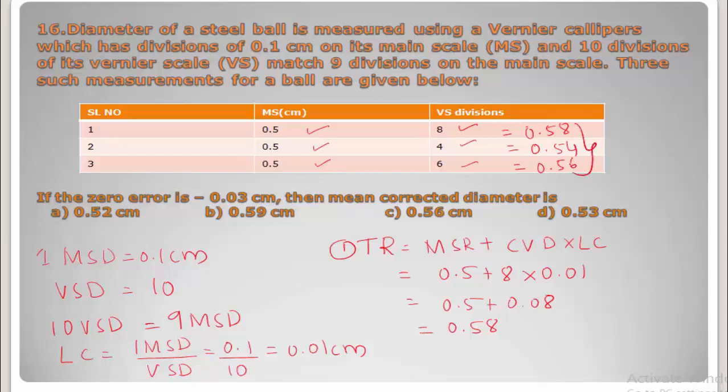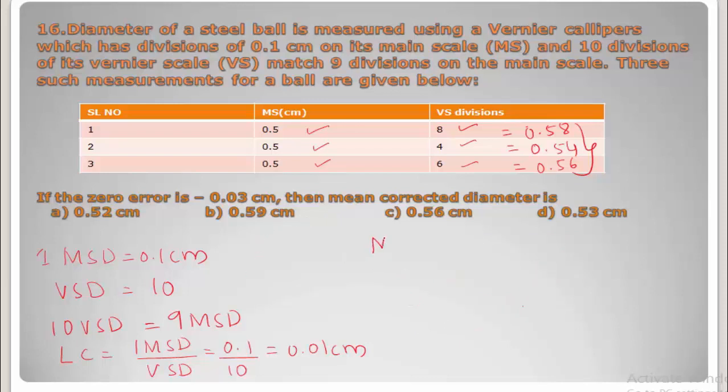So these are the three values, total readings taken for the measurement of the diameter of this steel ball. Now we have to find the mean diameter. Mean diameter is equal to, add all the three values, 0.58 plus 0.54 plus 0.56 whole divided by 3, because there are three trials.